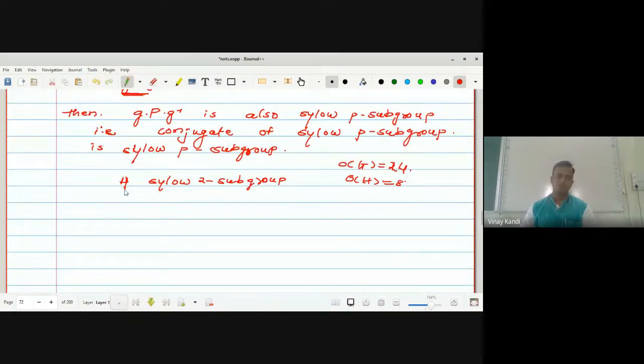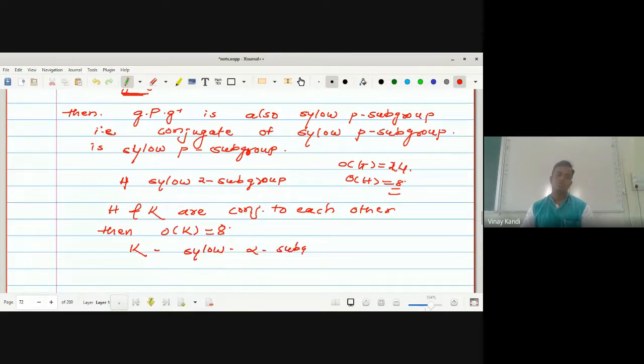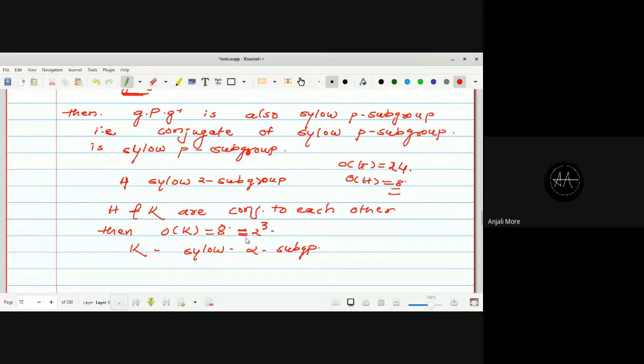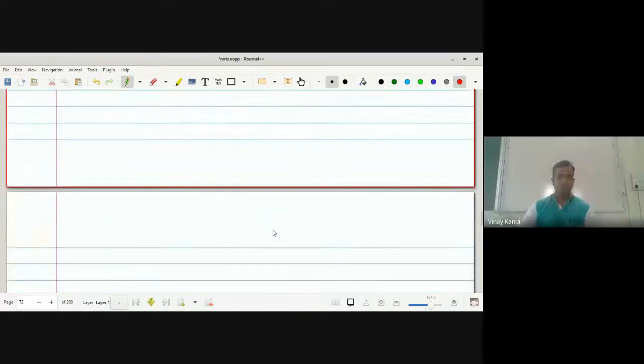If H and K are conjugate to each other, then the order of K is also 8, and this K is also known as a Sylow 2 subgroup. Is it correct? Yes, sir.